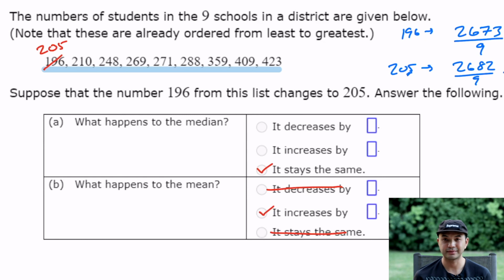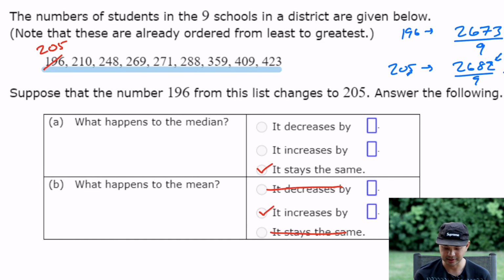So you didn't have to do a whole bunch of extra work and adding all of them up. You just had to know, okay, this number right here went up by 9. So you just add 9 to this number. And if you really wanted a shortcut, if I divided this by 9 and I got 297, if I added another 9 here, this number would go up by 1.